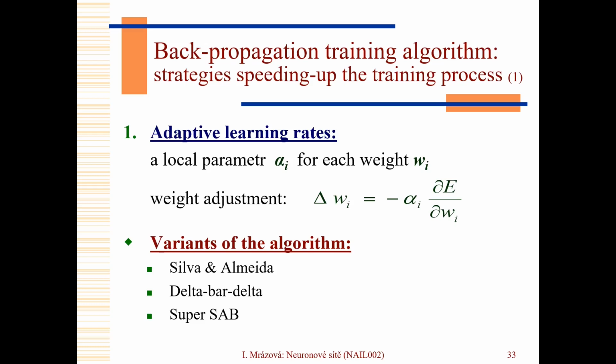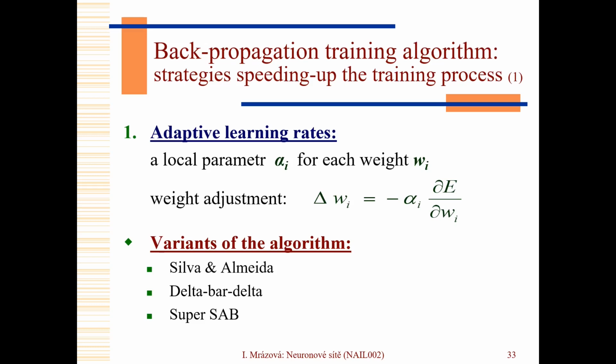So whenever we want to change the value for the parameter alpha i, we will consider the position of the parameters in the weight space and the gradient of the error function.